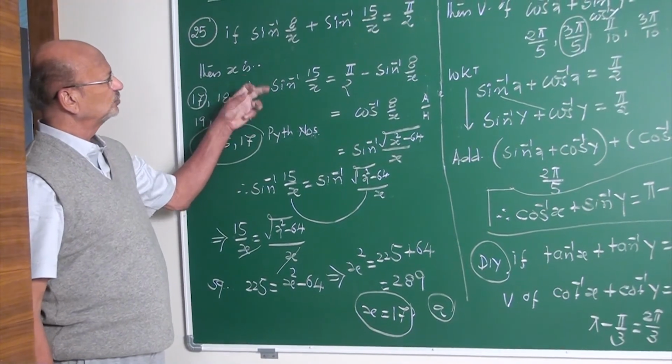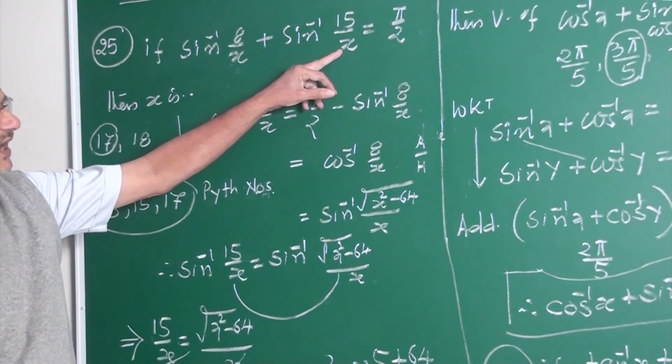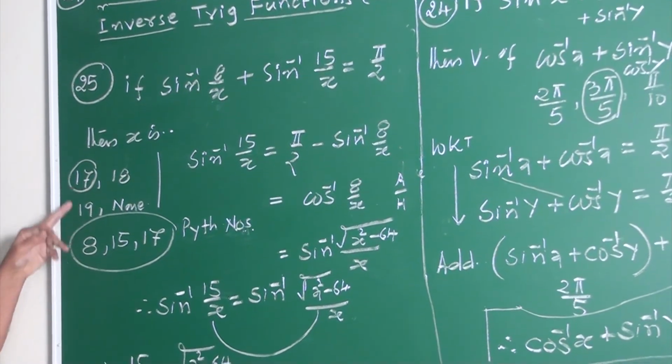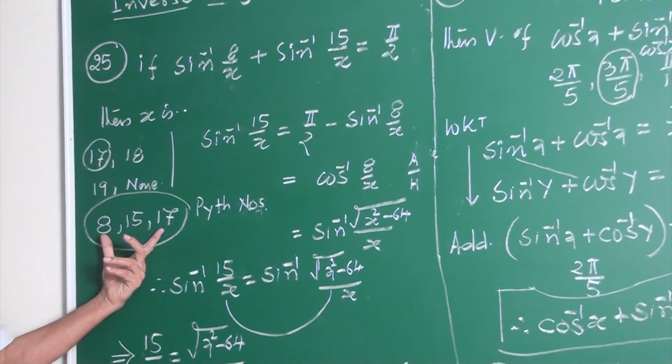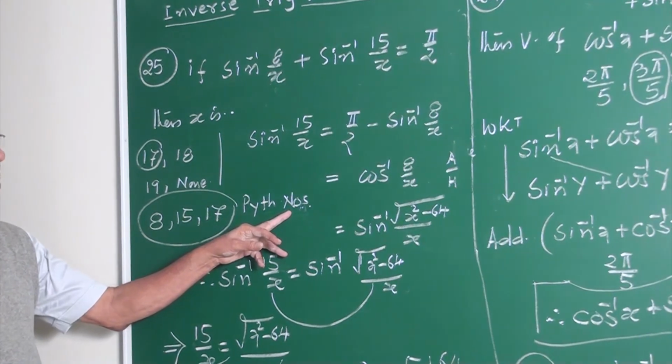Yes, my friend. So here 8, 15, the denominator is the hypotenuse, the bigger number, which is 17. These 8, 15, 17 are Pythagorean numbers or Pythagorean triplets.